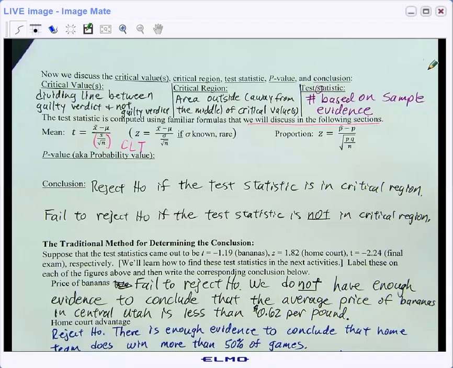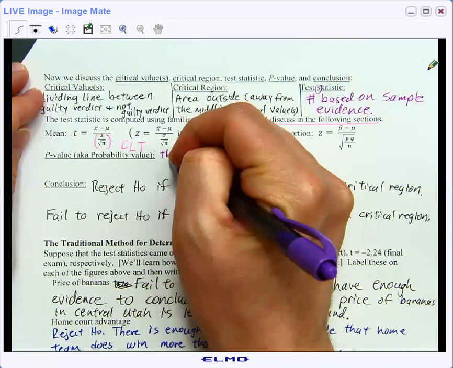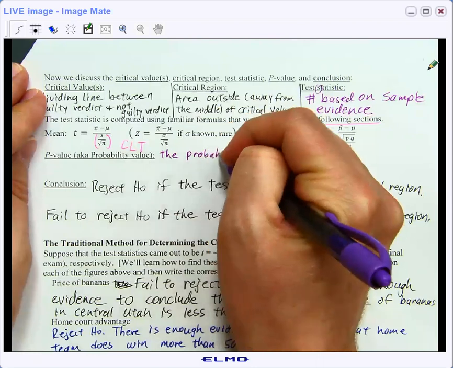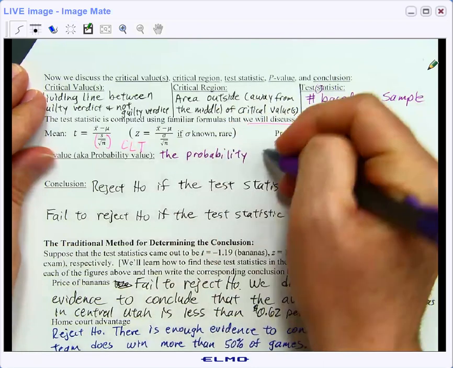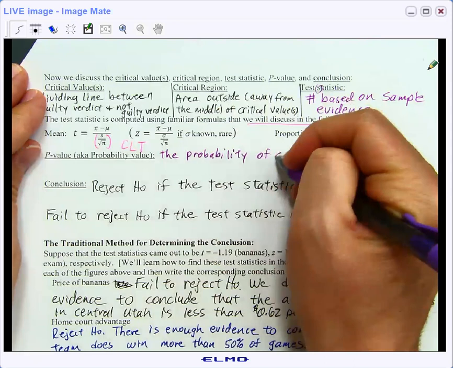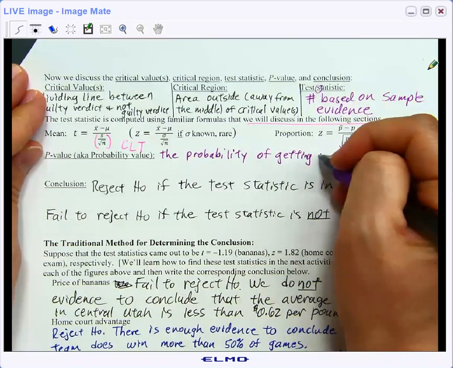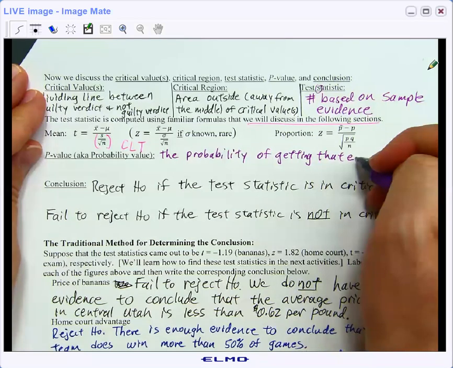We're now ready for our final concept here in section 8.1, the idea of the p-value, aka the probability value. So the p-value, or probability value, is simply the probability of getting that extreme of a result just by random chance.